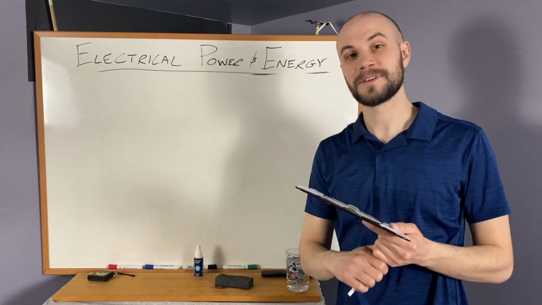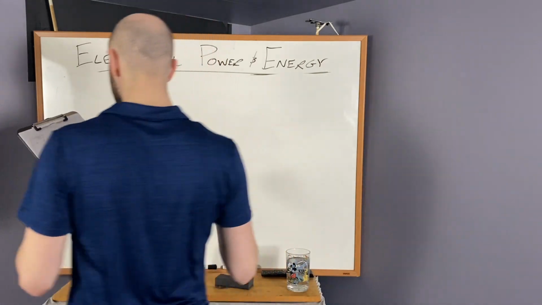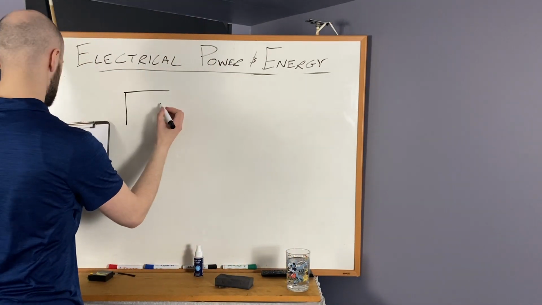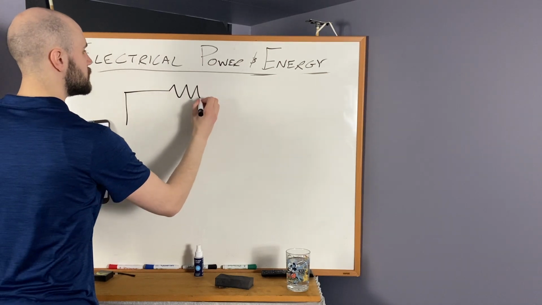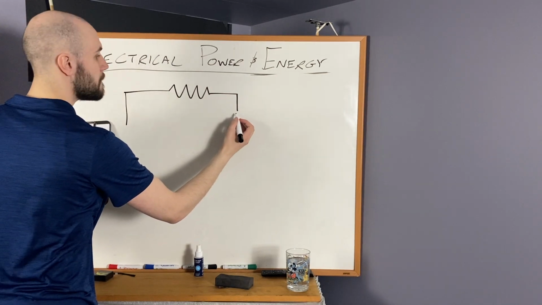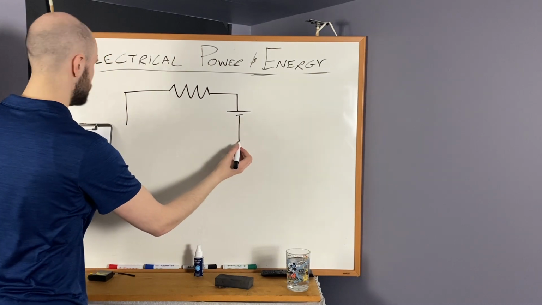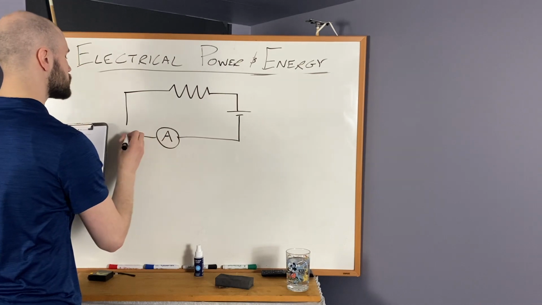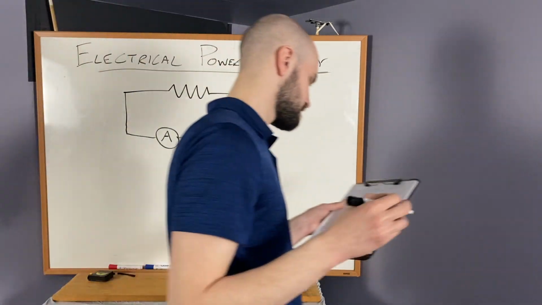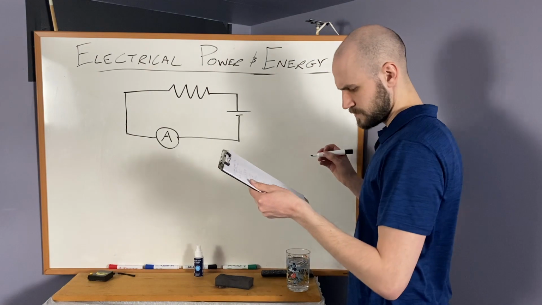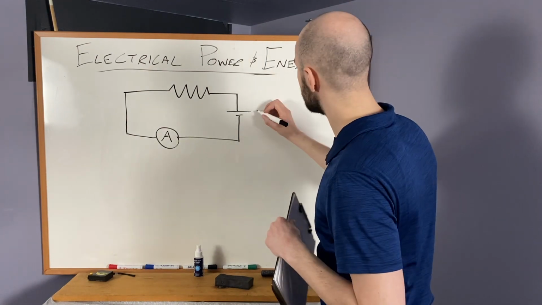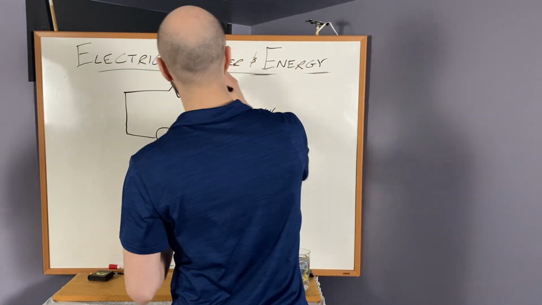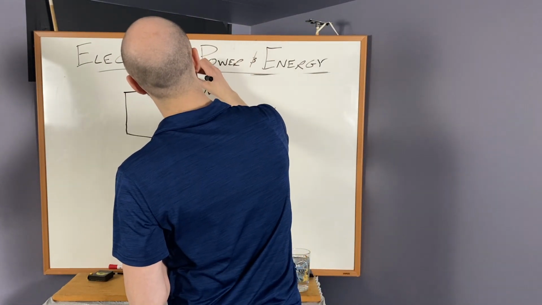Let's say, for our next problem, we have this simple circuit here. This is, let's say, just given to you. This is labeled as 120 volts, and this is labeled as 480 ohms.